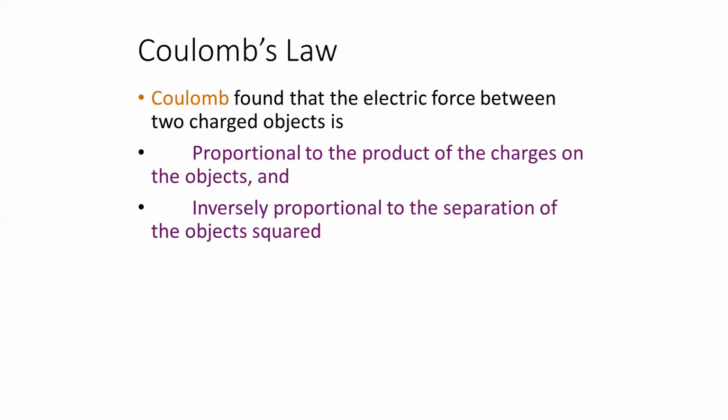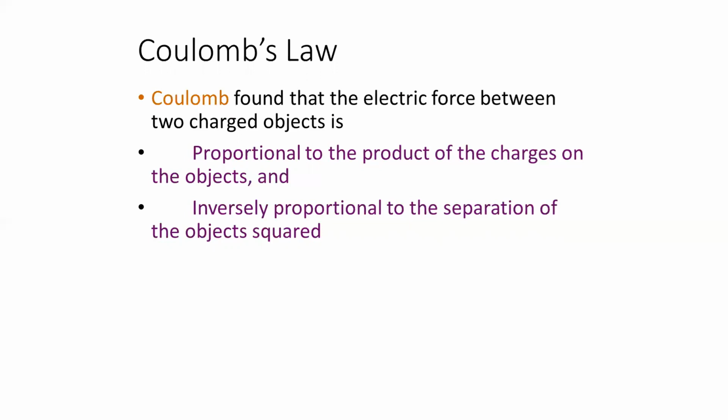If you consider two charged particles, Q1 and Q2, separated by a distance r, then according to Coulomb's law, the electrostatic force between these two charges, either attractive or repulsive, F, is proportional to Q1 and Q2, the multiplication of charges, and inversely proportional to the square of the distance.